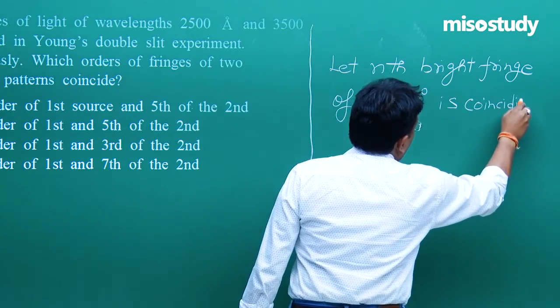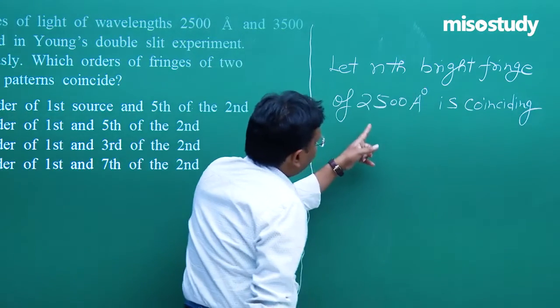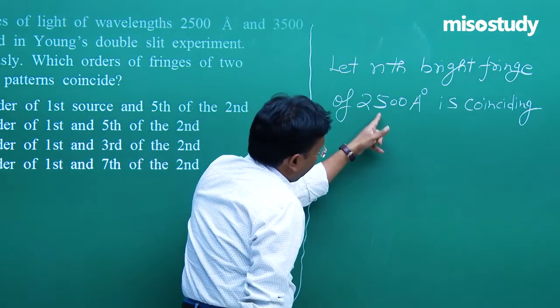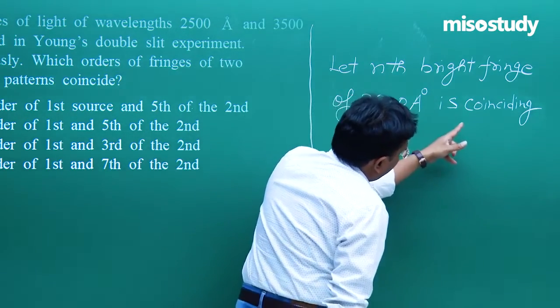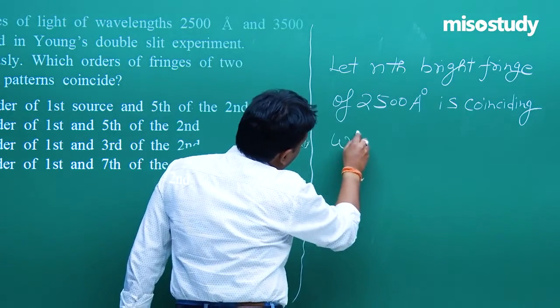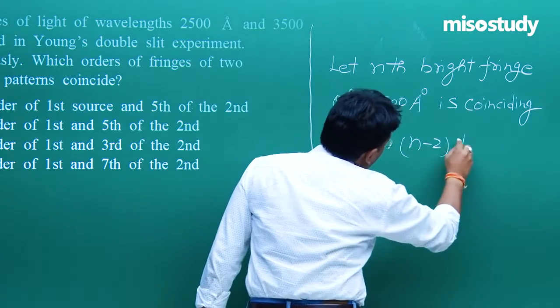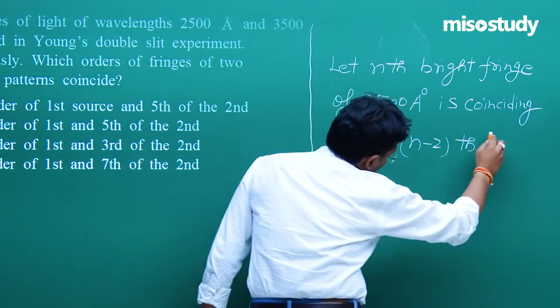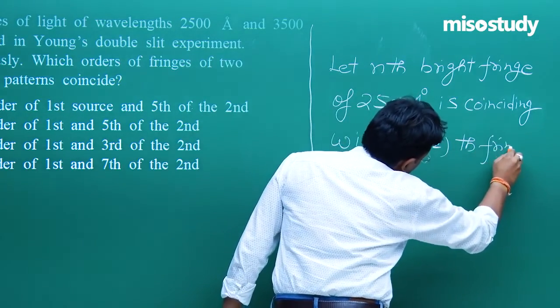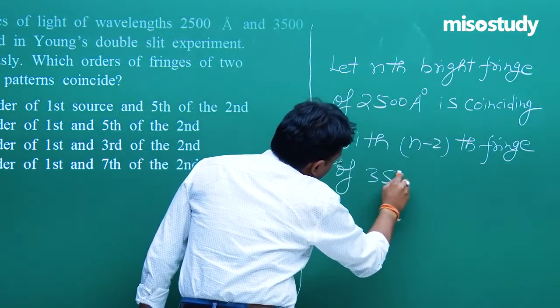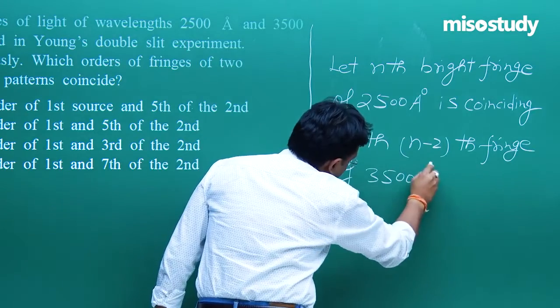coinciding. Fine. Let the nth bright fringe of lambda 1 or 2500 angstrom is coinciding with n minus 2th fringe of 3500 angstrom.